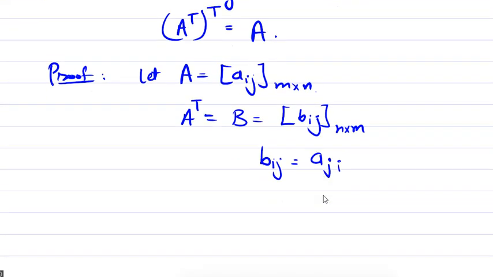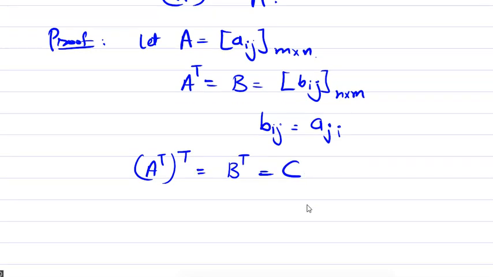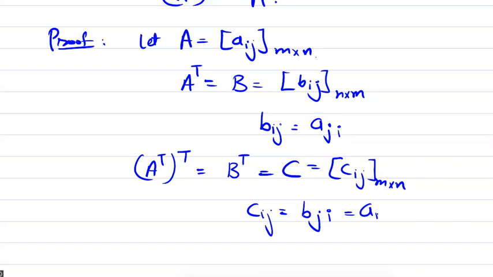Now we are interested in the transpose of A transpose, that is the transpose of B. Let's say it is C. So what is the relation? Cij, C will be an M cross N matrix. What is the relation? Cij is nothing but Bji, but Bji is Aij.